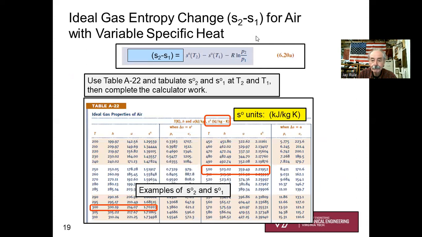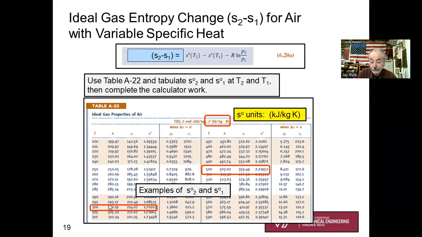Okay, the next type of specific heat, S2 minus S1: variable specific heat for air. So I've got the substance air. I will go to table A22. I'm looking for S02 and S01. In other words, I've got two temperatures.